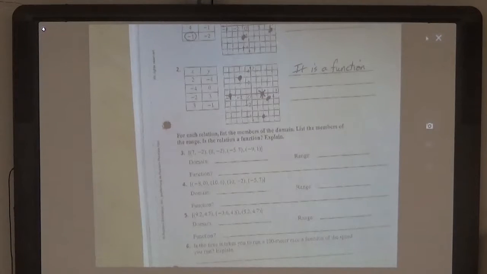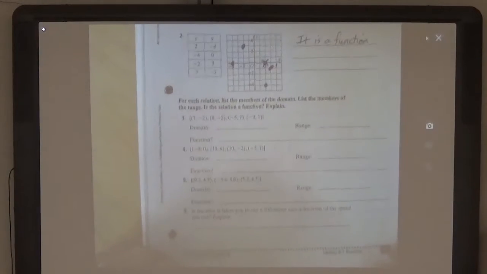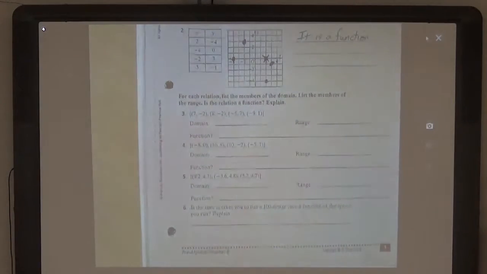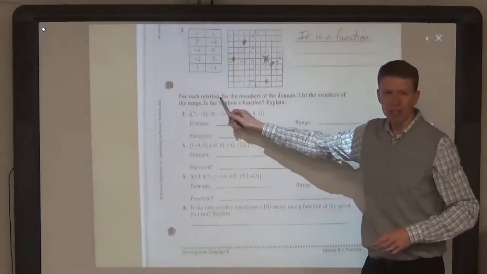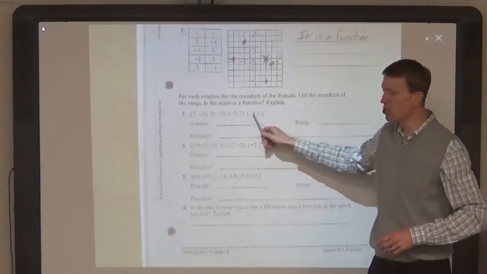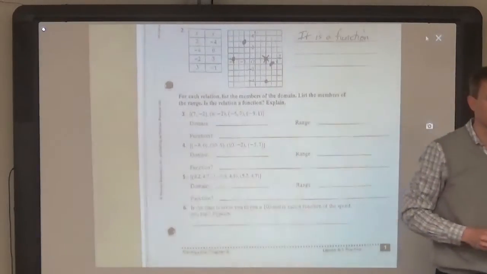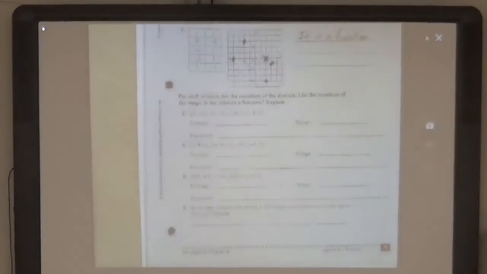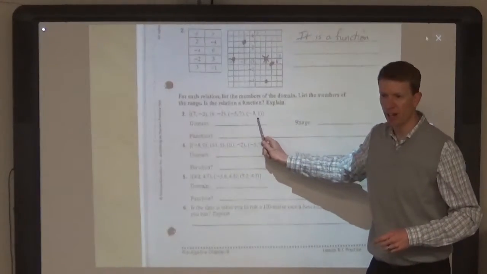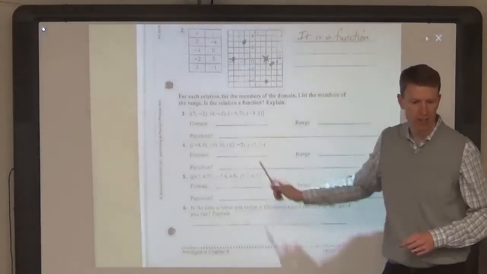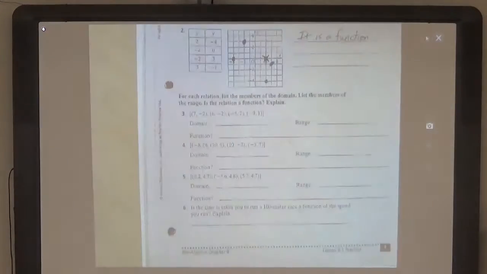Okay, go to the next section. In this one, you're just listing, for each relation. So this is a relation, but it's not organized the same way. Instead of being organized in a chart, it's just written as a set of ordered pairs. There's no domains there. So, what would this one look like if it was in a chart?